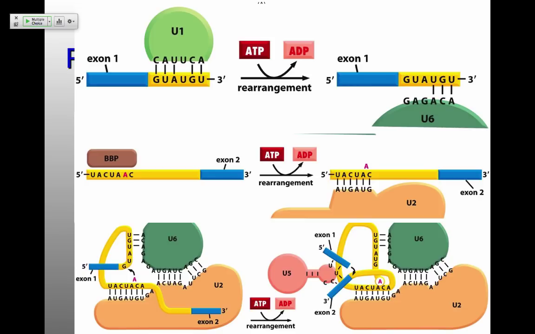U5 is brought into the complex. Interactions between U6 and U2 are changed so that you can have the interaction between the 5' end, let's say the 5' exon, the 3' end thereof, and then the 5' end of this next exon. So that's the process.